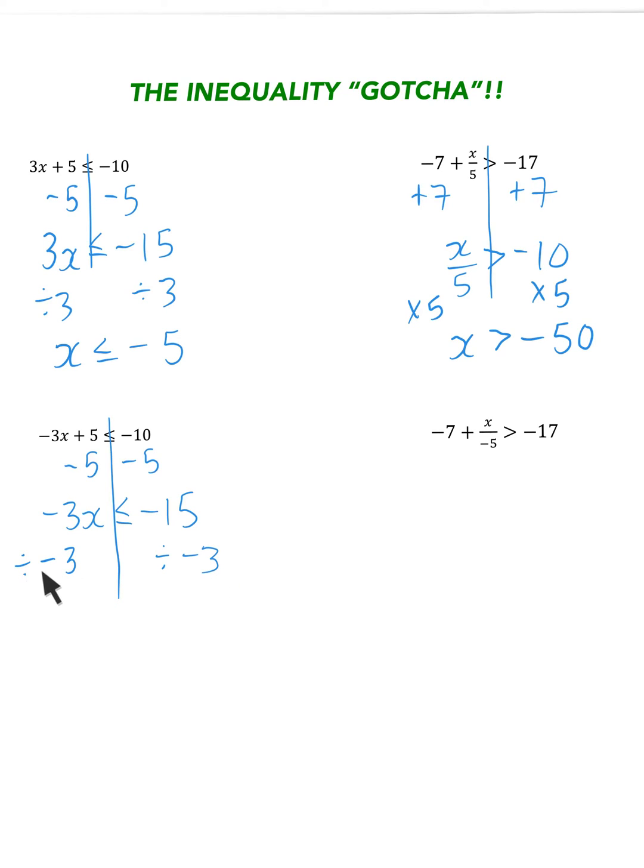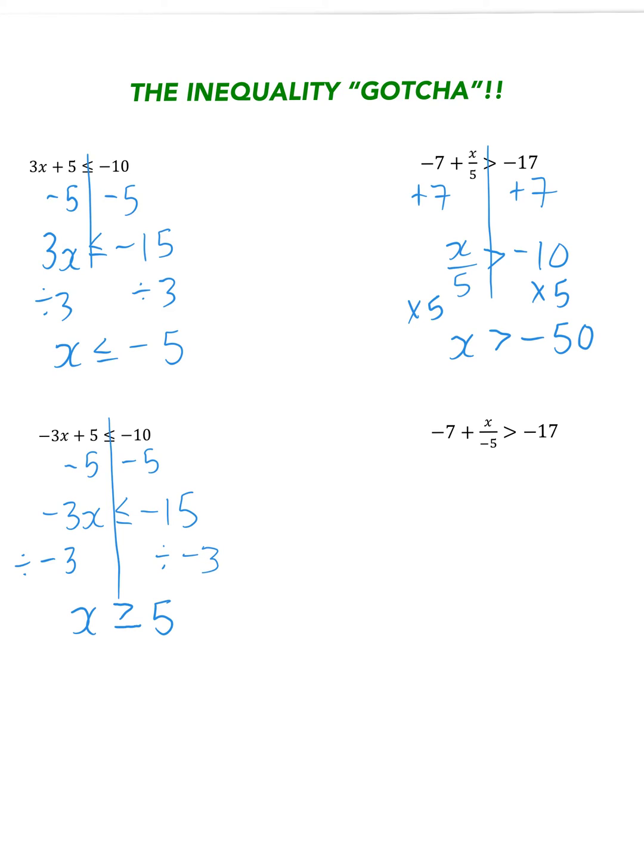I divided by a negative. As soon as you do that, this inequality sign flips and goes the other way. So the answer here is x, okay, and over on this side I've got positive 5, because negative 15 divided by negative 3 is positive 5. But this sign is going to go the other way, like this.